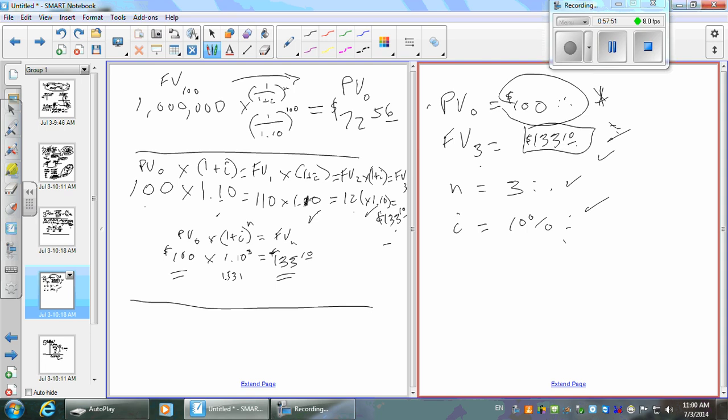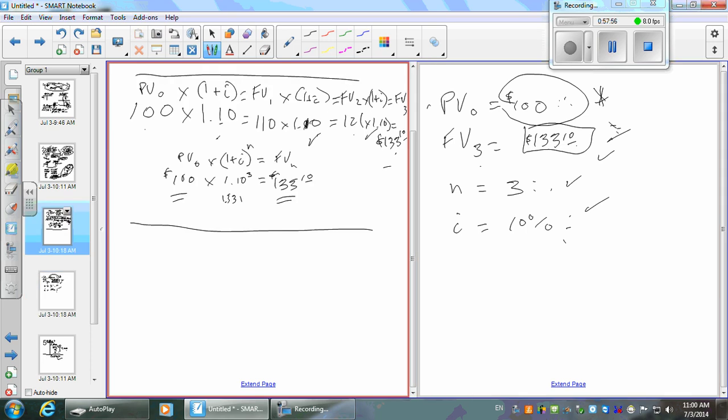How would I write that, you guys? How would I write that? I'd take my future value some number of periods from now, which in my little example is 133.10, right, guys? I'd do that. And I would divide, so everybody realize that taking 1 over something is the same thing as dividing, right?